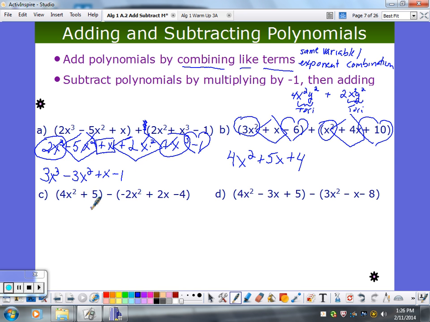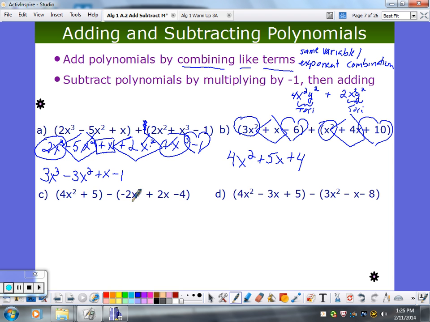Alright, now here's a little wrinkle with subtracting, and it's not hard. But subtracting, I've got a lovely little binomial here, and I'm subtracting a trinomial. What's the matter? You guys okay? Where did I lose you? So are we still combining the terms? Combining like terms. Yes.